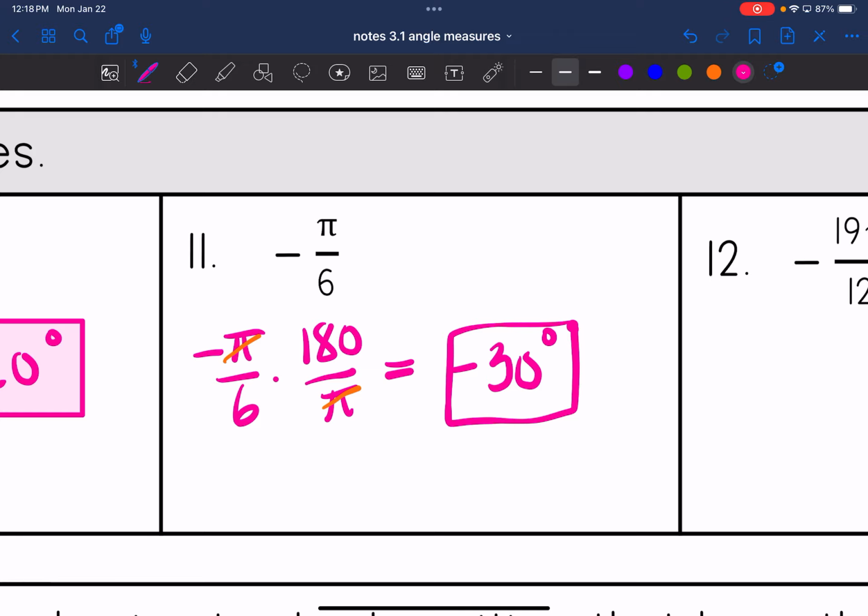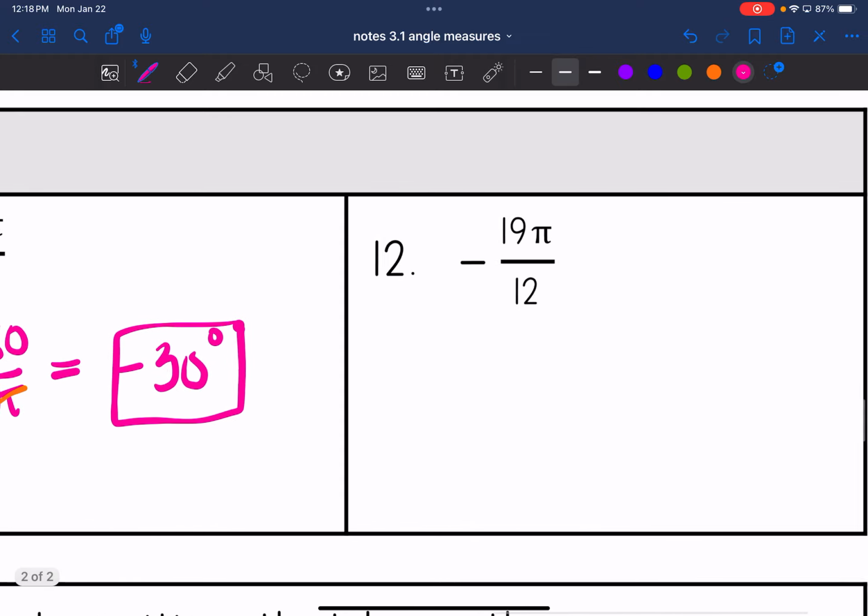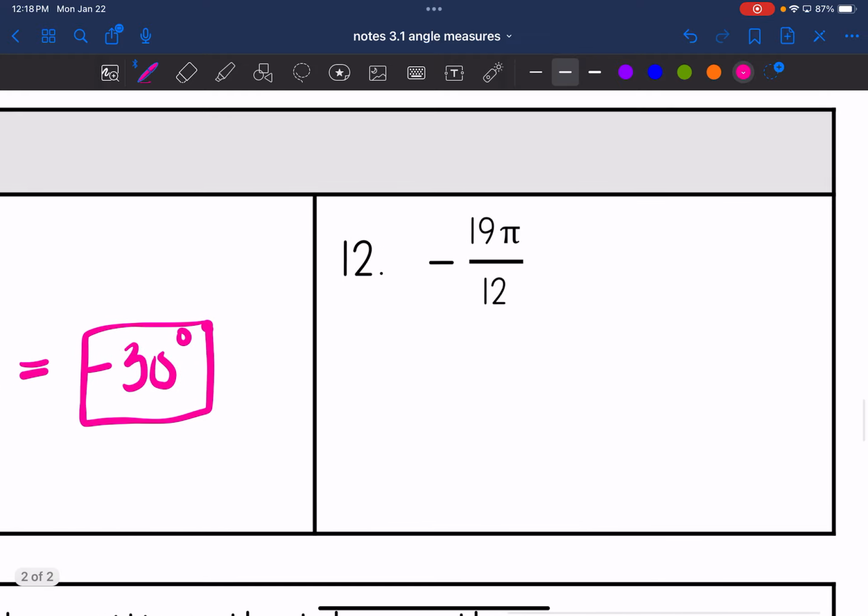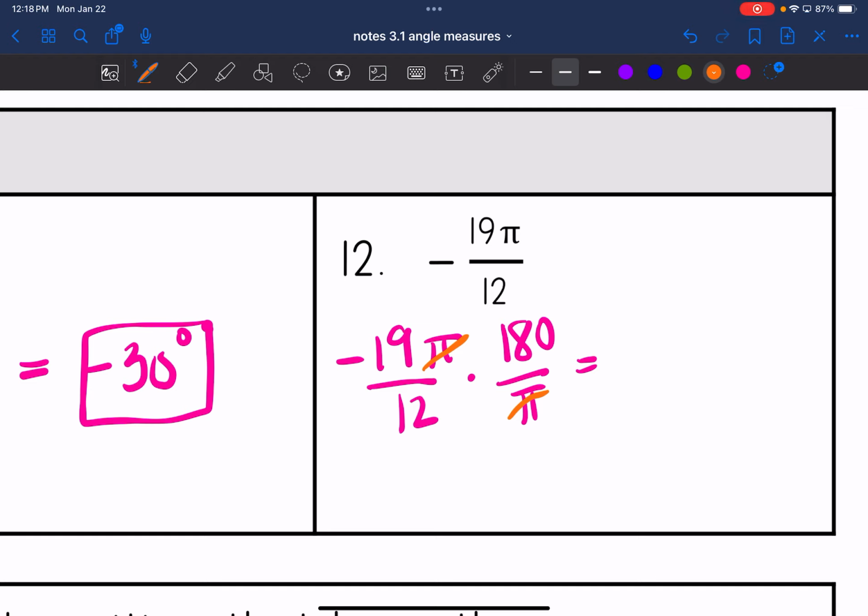And then last one, negative 19 pi over 12. Let's multiply by 180 over pi. Pi symbols are going to cancel out. This one's a little bit tougher. 180 divided by 12, that actually gives us 15.